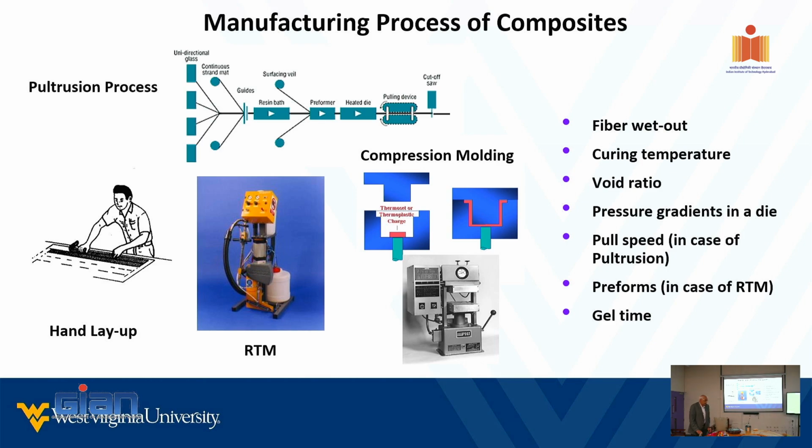But if I have a complex die, then I can only do less than a foot per minute, about 6 inches a minute. That is the production time, your transit time. That is the pull speed you're asking about.